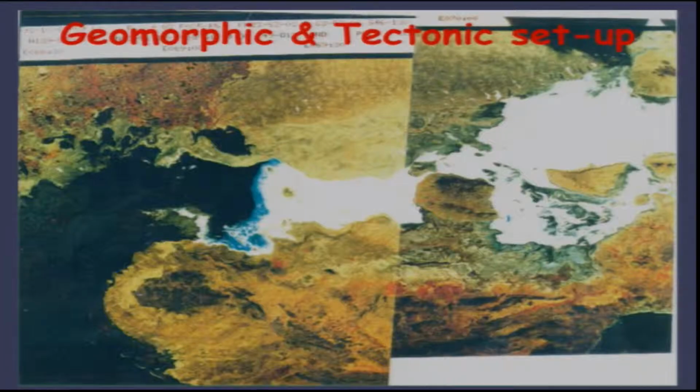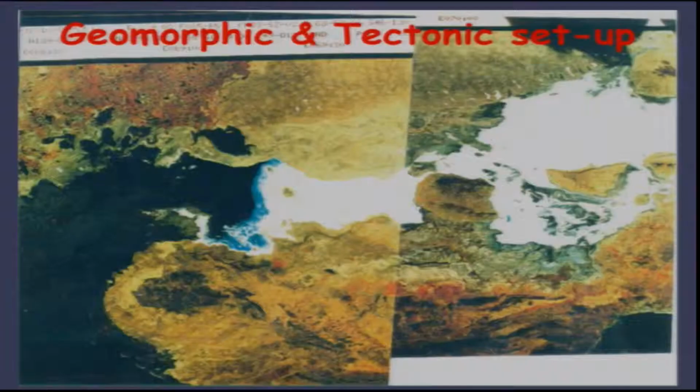Okay. I hope by looking at this image you can easily make out which area I am talking about. But for those who are unable to, let me tell you that this satellite data which is being shown right now on your screen is from Kutch. Okay. So, this is western India, Gujarat and the Kutch region.